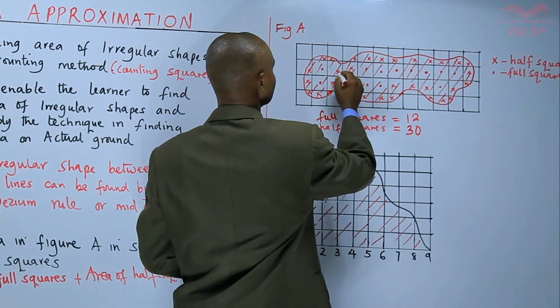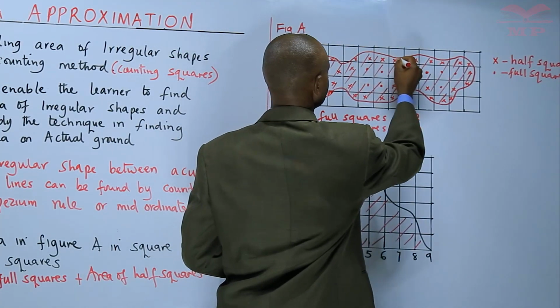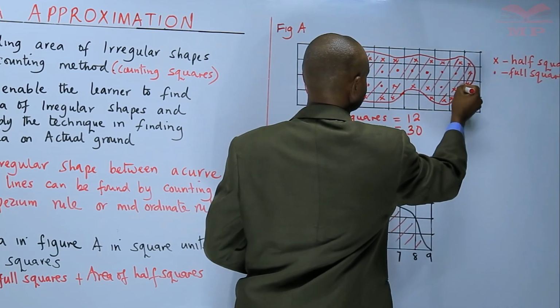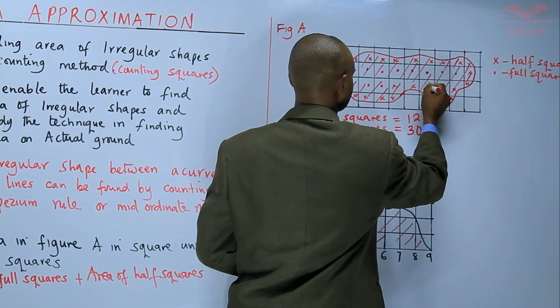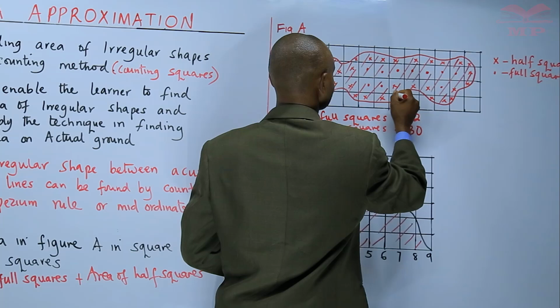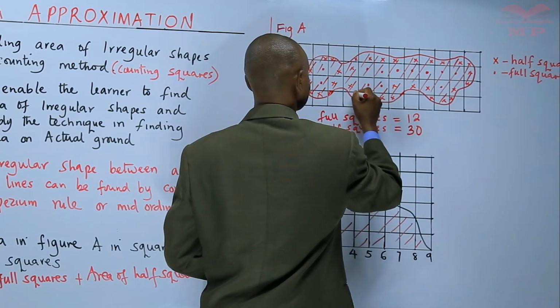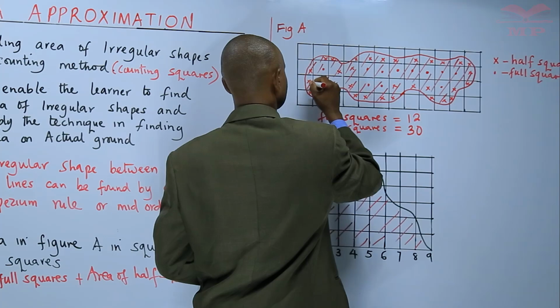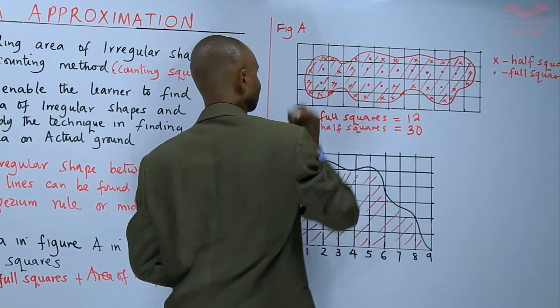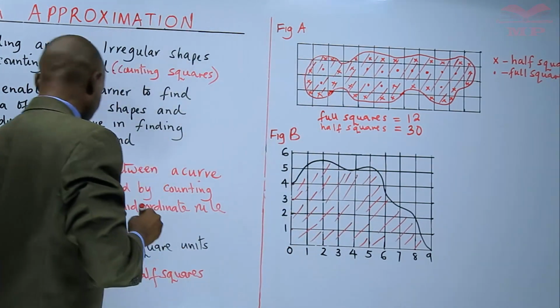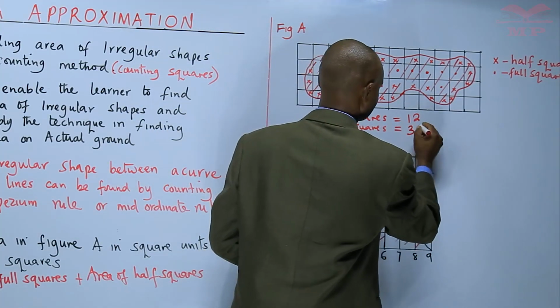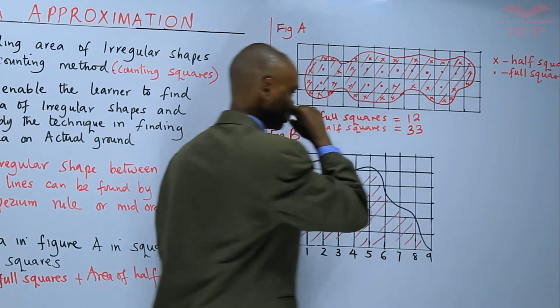Counting the half squares: 1, 2, 3, up to 33. So we have 33 half squares, not 30.